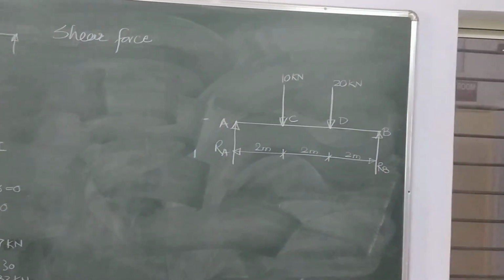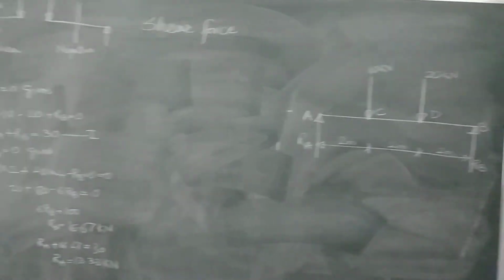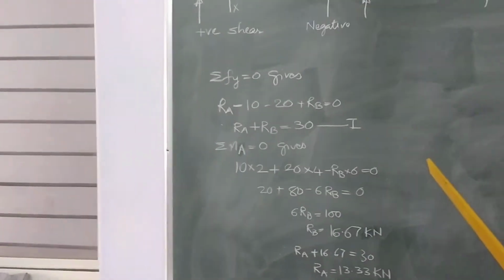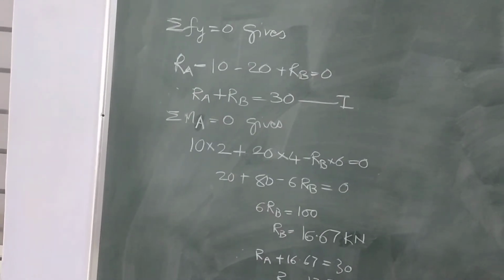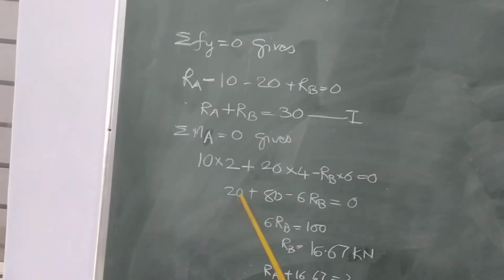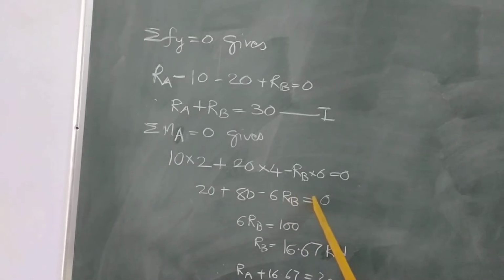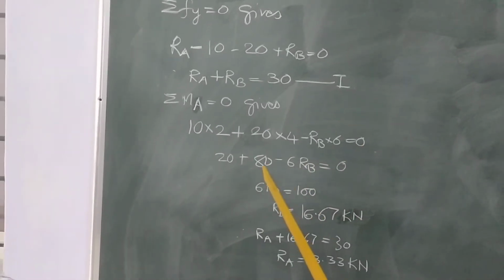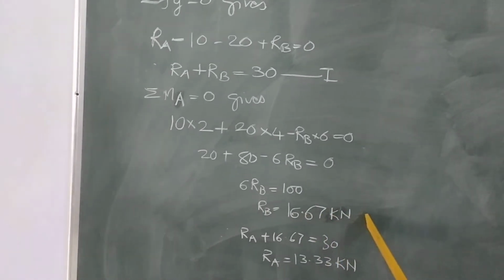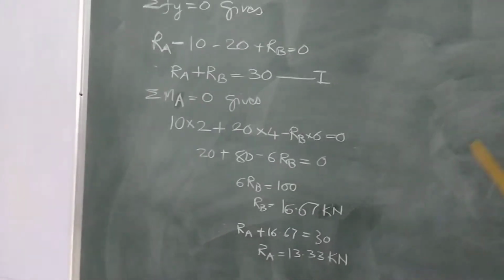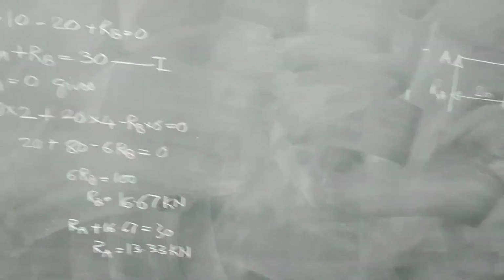So, 6 into RB, which is minus. So minus 6 RB equal to 0. Again it is a matter of arithmetic calculation only of plus and minus. So 20 plus 80 minus 6 RB equal to 0, or 6 RB is 100, or RB is equal to 16.67 and RA is equal to 13.33.